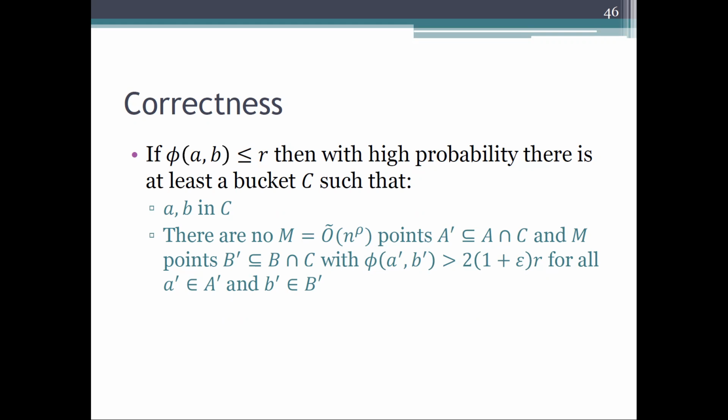We can show this result if m is roughly order n to the rho. So in other words, here we show that for any close pair AB, there will be at least one active bucket that contains both A and B with high probability.